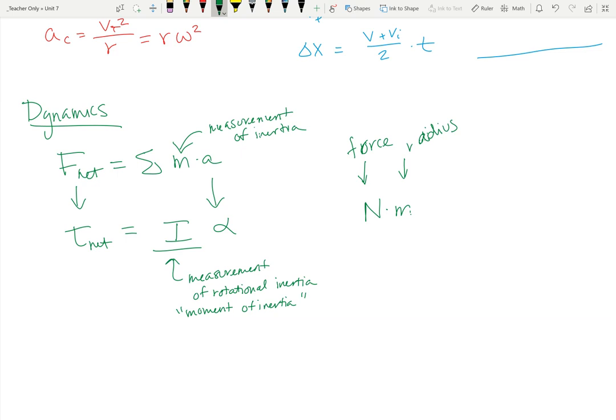So the force times the radius times sine theta, so we get those perpendicular angles, we know that will give us the torque. Now, interestingly, these technically are the same units as joules, but you do not call them joules, all right? So when you're talking about torque, it is not the same thing as joules. When you're talking about torque, use newtons times meters to let everyone know you're not talking about energy, you're talking about torque.